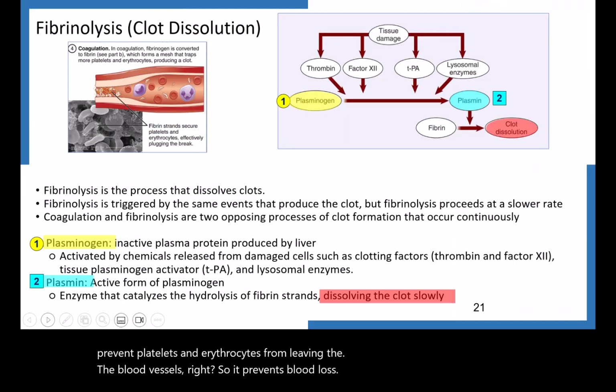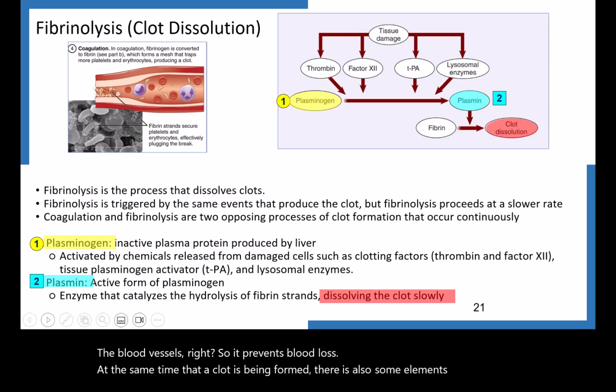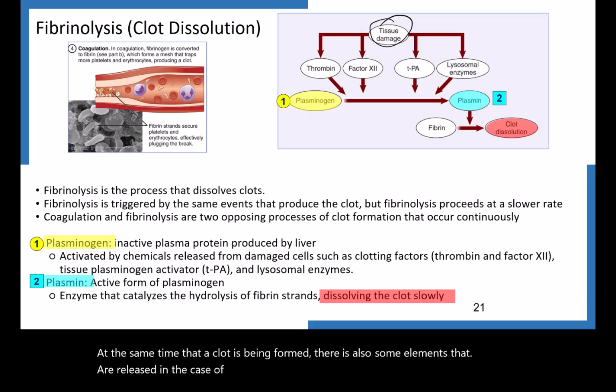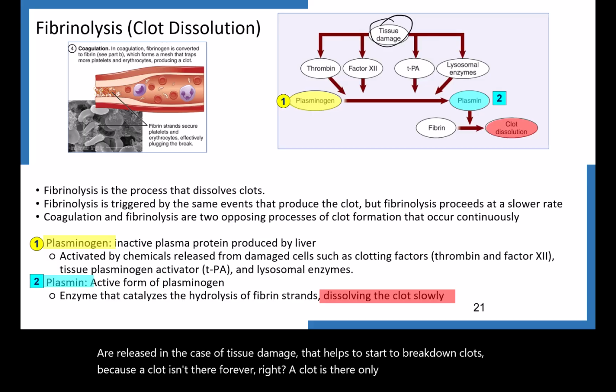At the same time that a clot is being formed, some elements are released in the case of tissue damage that help to start to break down clots, because a clot isn't there forever. A clot is there only to initially prevent blood loss.